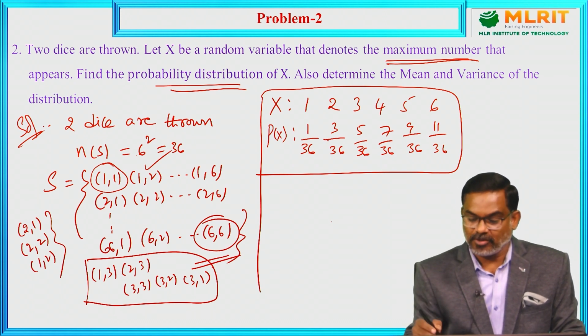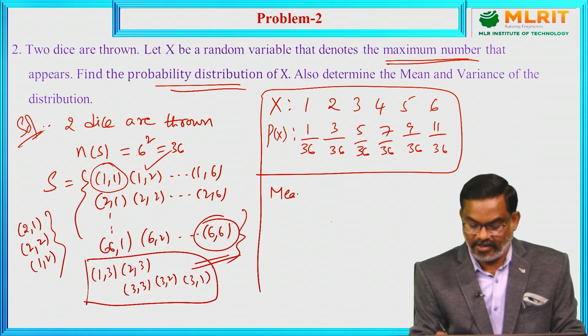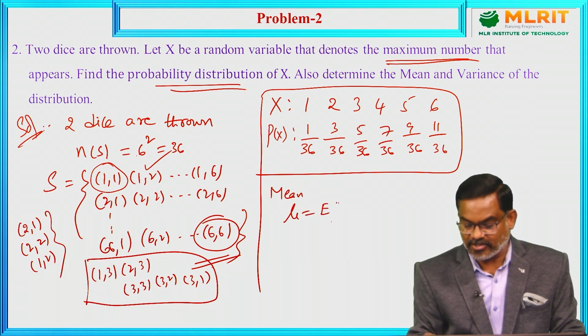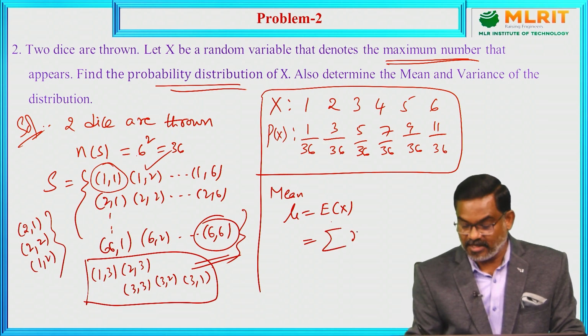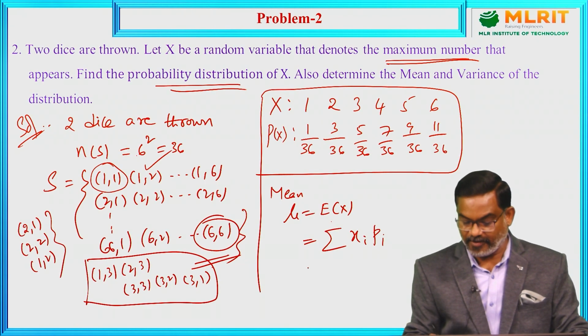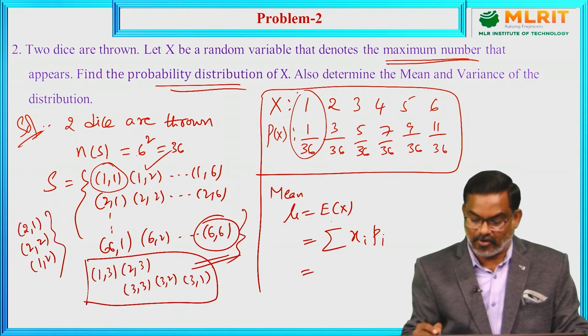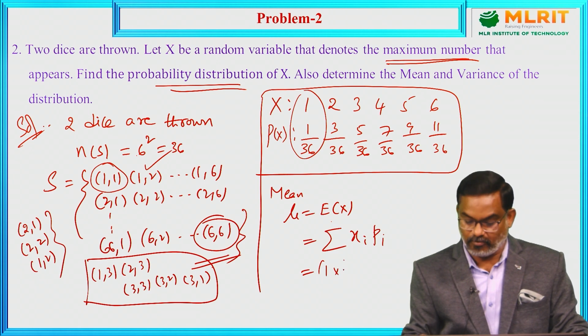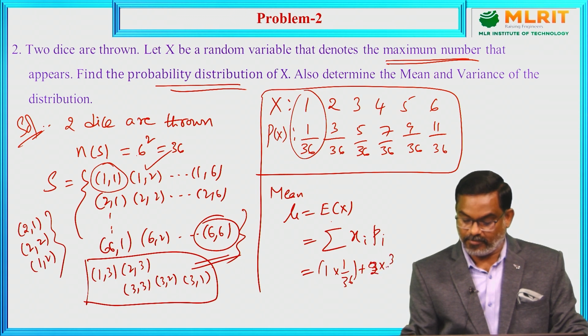Now, coming to the mean, mu is the expectation of X. Since this is the discrete case, it is the sum of xi into pi. So, multiply the corresponding elements: 1 into 1 by 36, plus 2 into 3 by 36, plus and so on, up to 6 into 11 by 36.